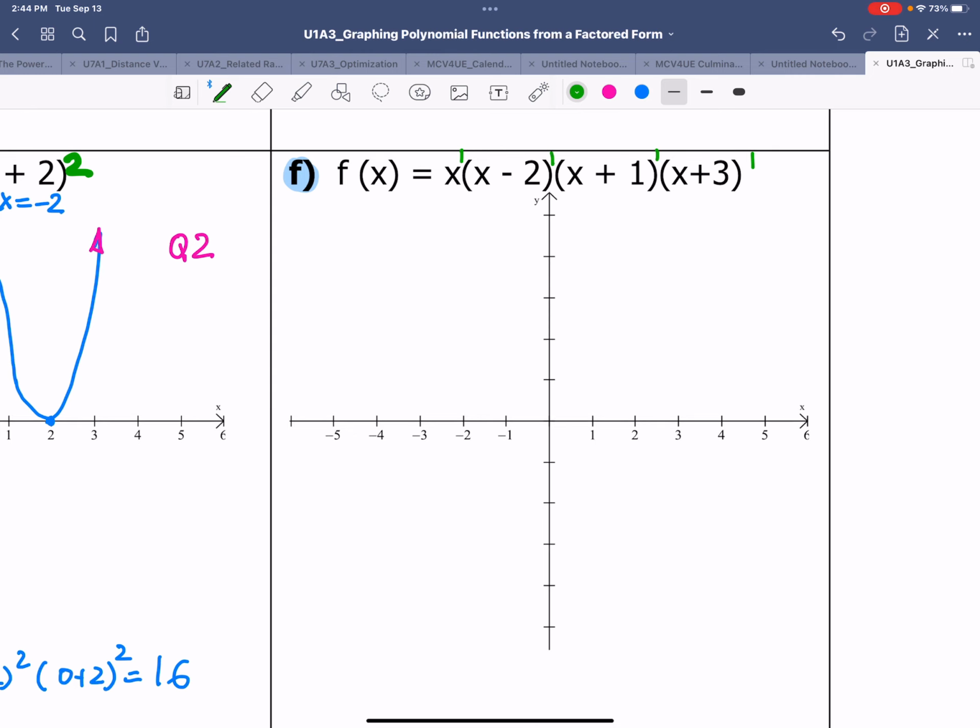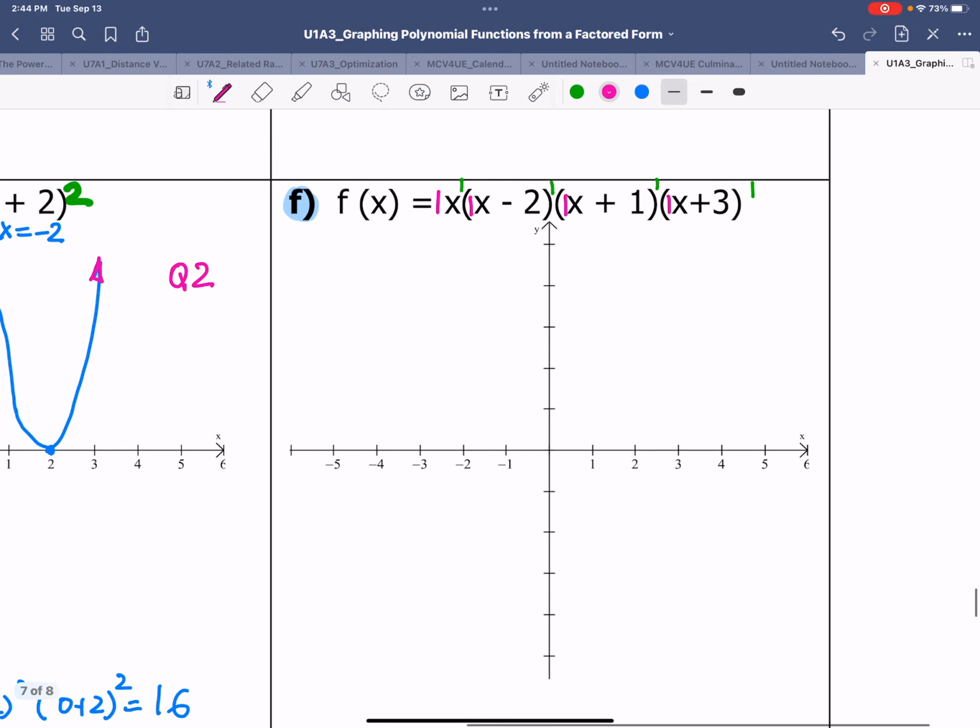I'm going to take a look at the leading coefficient because I know that helps a lot in predicting the end behaviors. And you see that the coefficients of x in every factor are 1, which makes the leading coefficient equal to 1. So the leading coefficient is 1, which means it's a positive leading coefficient. So an even degree function with positive leading coefficient will behave like a parabola with positive leading coefficient, so it opens up. And that tells us that the function was starting in quadrant 2 and ends in quadrant 1.